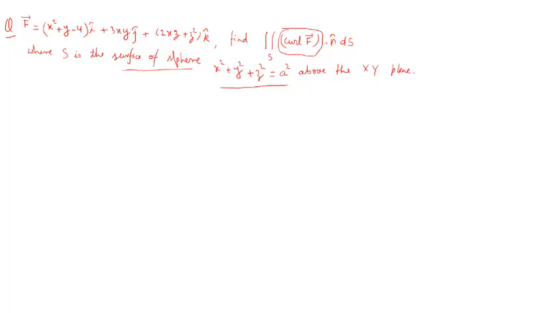So first thing that I would like to tell you, Tushar, is that this is still not a closed surface. Actually, this surface is the part of a sphere above the xy plane. If you trace it, you will get something like this.